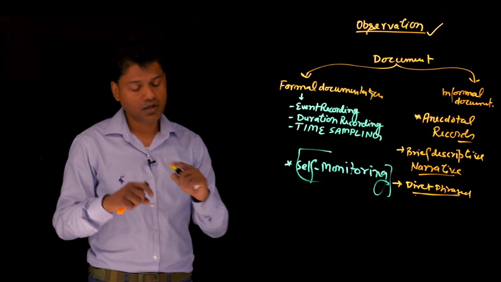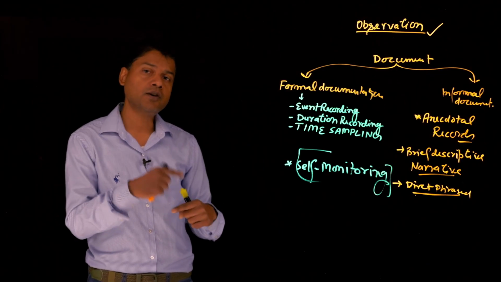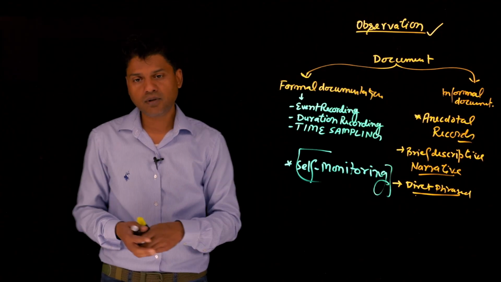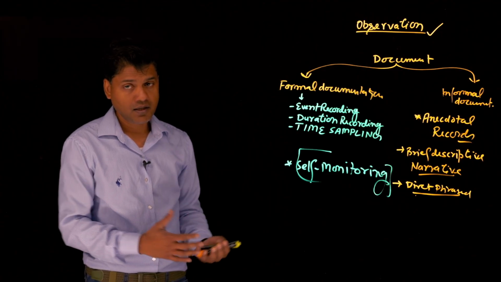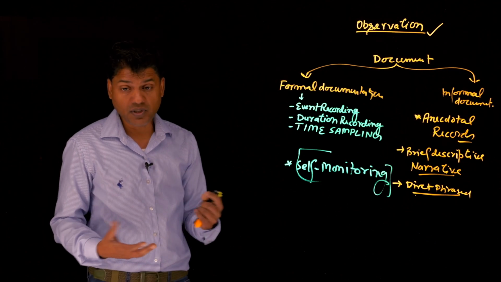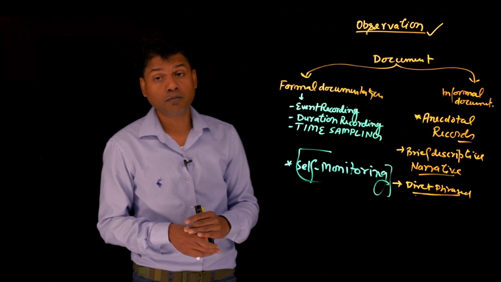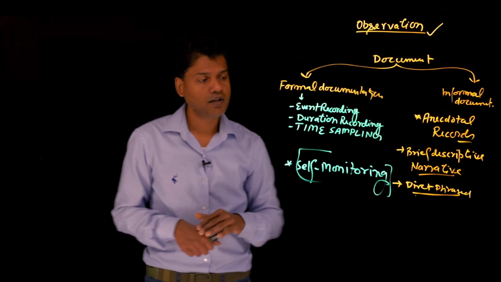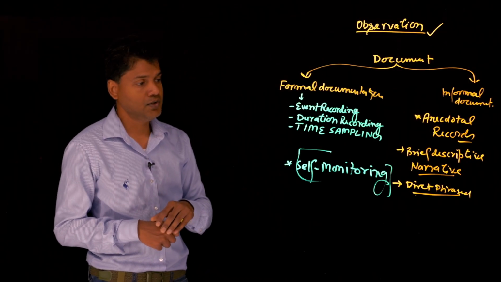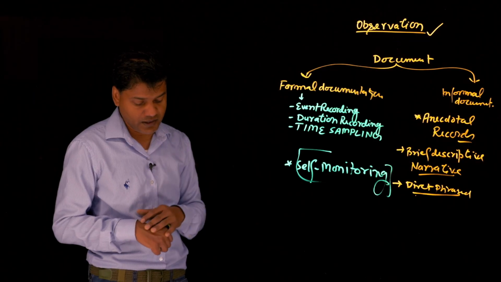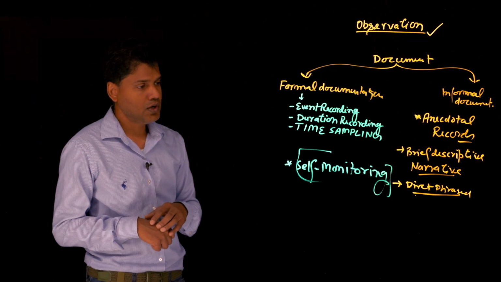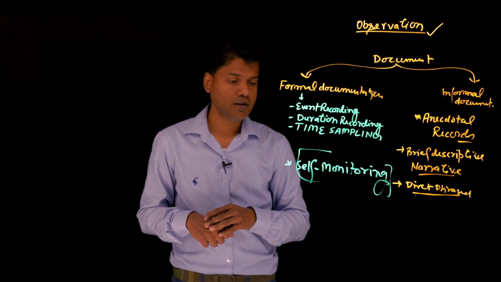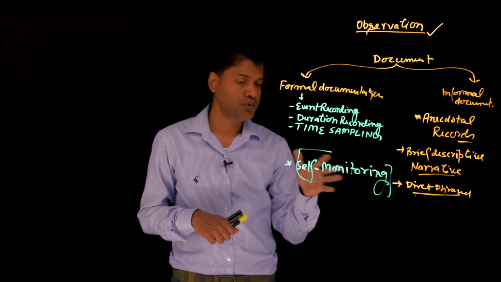They have a log, they fill out the log, and when they come for the next meeting or session, they share it with the counselor, and the counselor uses that data in determining their intervention and monitoring a behavior, whether the behavior is minimizing or increasing. So self-monitoring is also a powerful method which is used in observing and documenting observation.